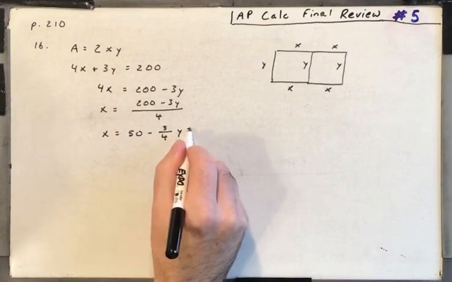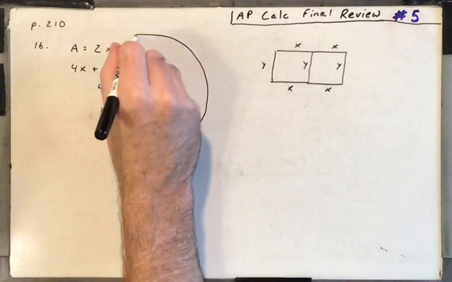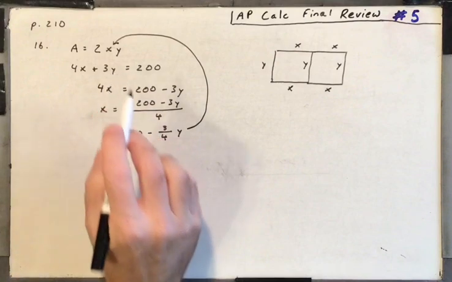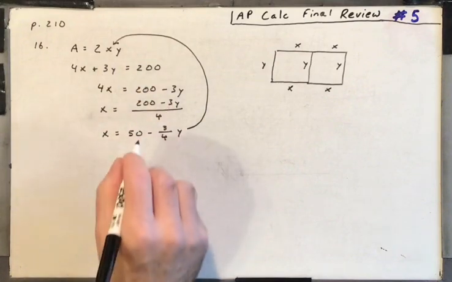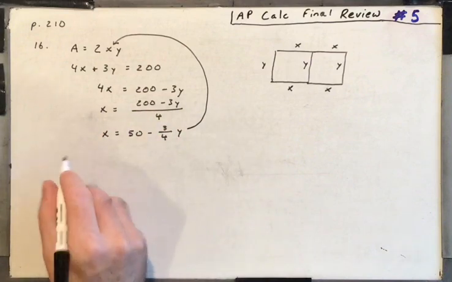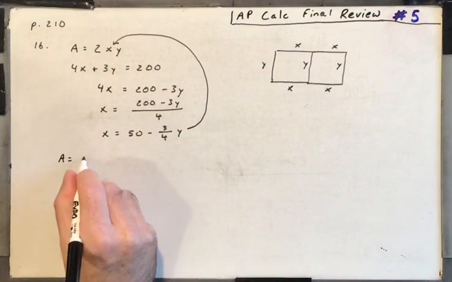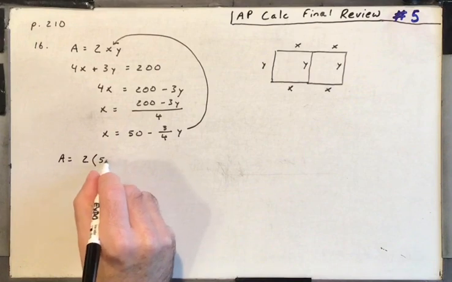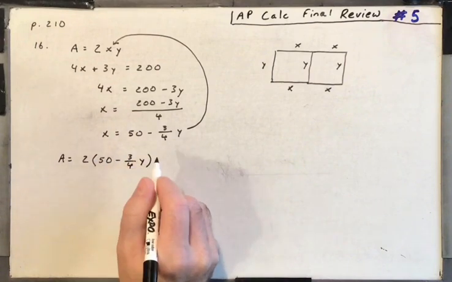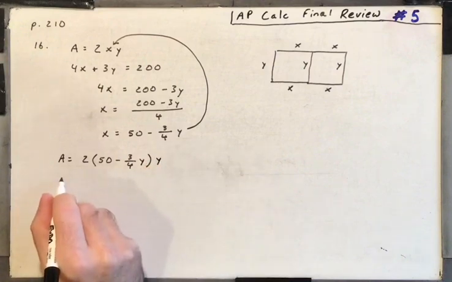And we'll plug that in up here for x. You could have done it the other way and solve for y. I think that's the way I worked it when we did this for homework, but it's good to work it a different way. So area is equal to 2 times 50 minus 3/4 y times y.